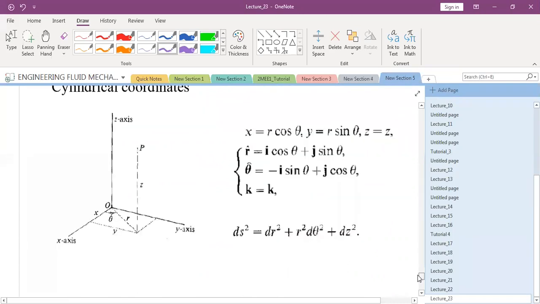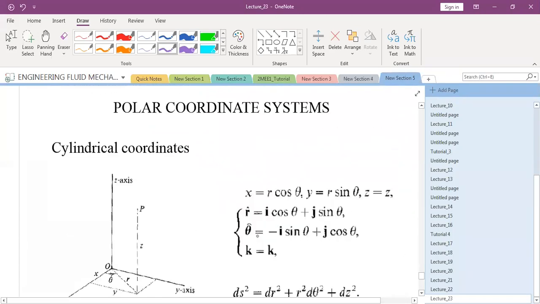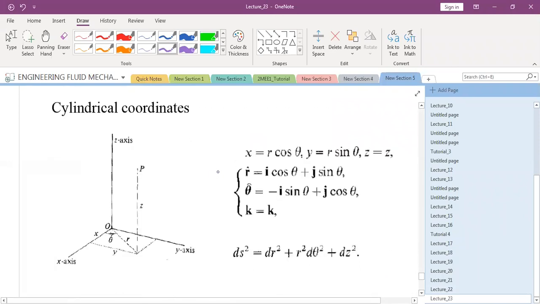Verify your answer. It is similar to what we have done in polar coordinates. There will be no k cap contribution here. Why? Why is there no k cap contribution here?